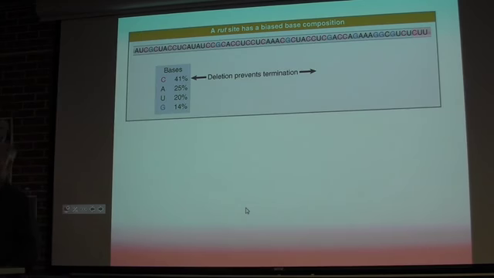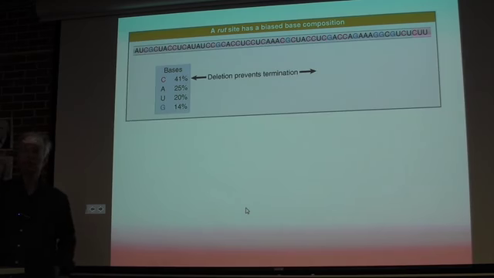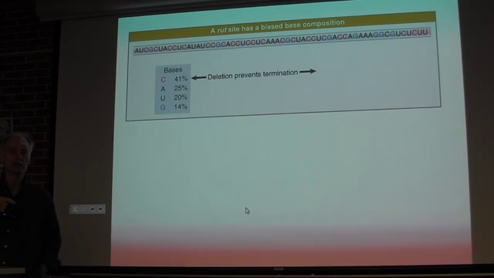What does a RUT site look like? This was very hard to figure out. Many graduate students crashed and burned on this. It turns out there is no sequence that says, hello, I'm a RUT site. It's only rich in C's.